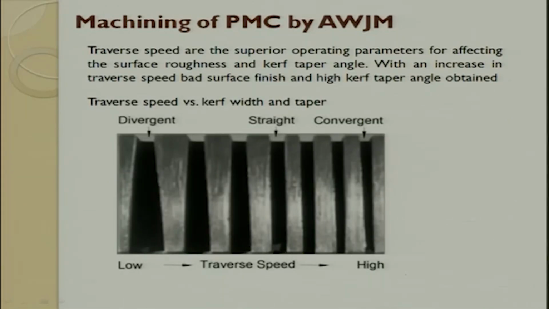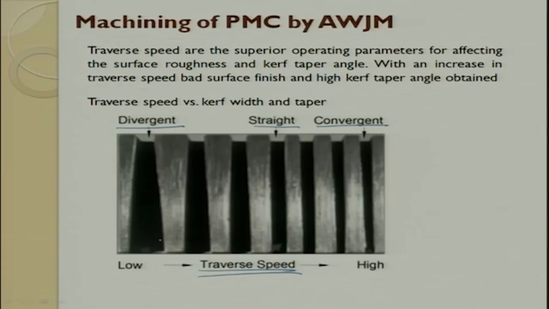When you see this, you can see divergence, convergence, and straight channels getting machined. This depends on the traverse speed, that is, the feed rate which I was talking about. As you go higher and higher, you see convergence happen instead of divergence.